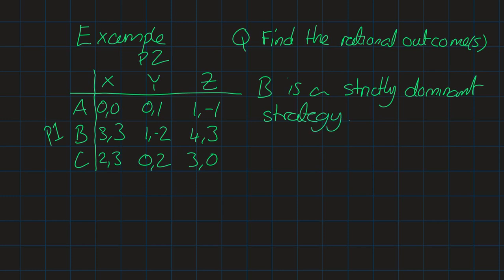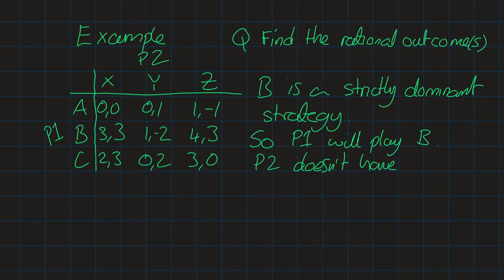You can see this because B is strictly better than A, and it's strictly better than C. B beats both A and C, strictly better than both of them. So this means that player 1 will play B. Now if we examine player 2, if you try and work it out, you'll see that player 2 doesn't have a strictly dominant strategy.